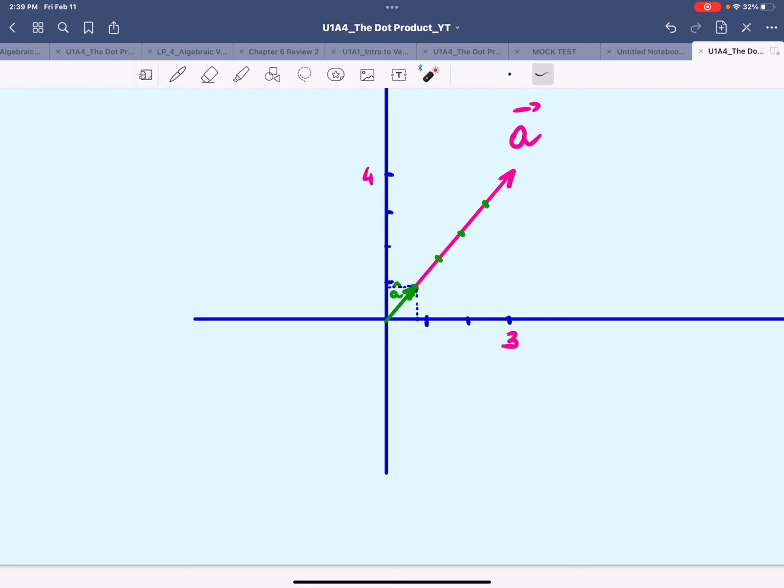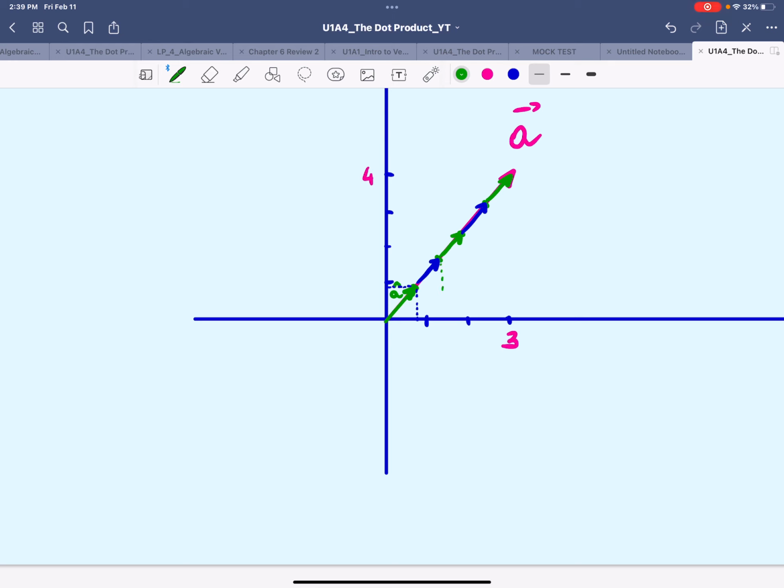And this makes sense in another way, because if you dropped perpendiculars for every unit vector here, look at how many unit vectors we can draw. There's another one, here is another one, and here is another one. So there are 5 A's in here.